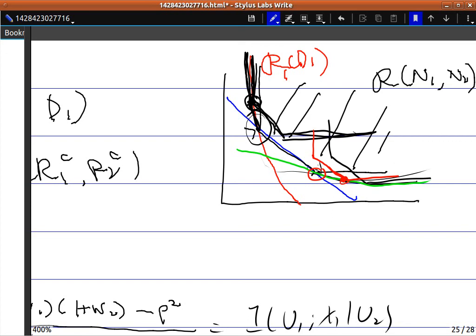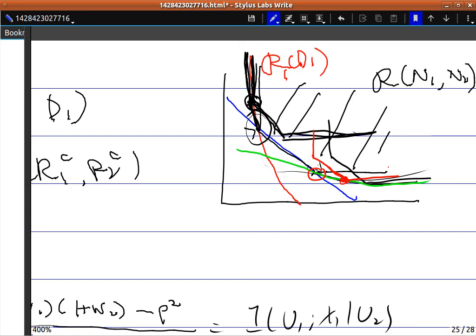So therefore, this corner point is achievable as it is inside the Berger-Tung region. And also, this point will have distortion of x2 equal to D2, and the distortion for x1 this time will be less than D1, so therefore it satisfies the distortion constraint also.